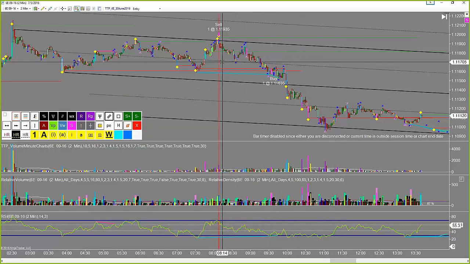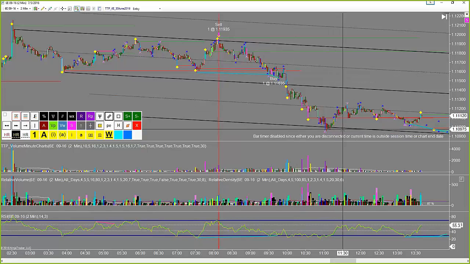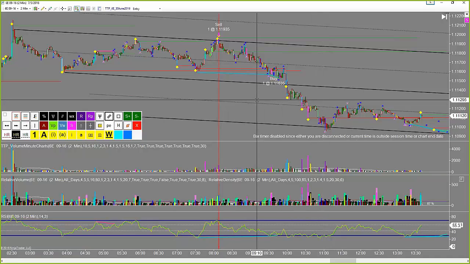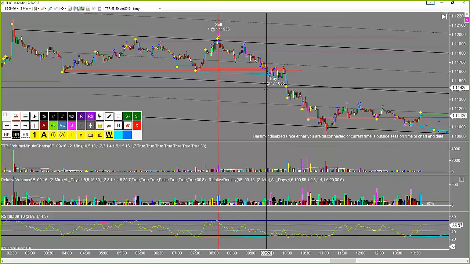It's giving you an idea as to when in time price is likely going to reach a particular area, which is why it's so incredibly useful, because you're combining both time and price, which is what Gann was all about. It's what he was always trying to instill in people's minds, combining time and price in your analysis, which is about the only thing that I've seen that actually works. So anyway, that's that signal.